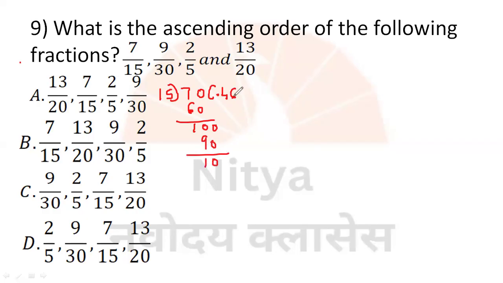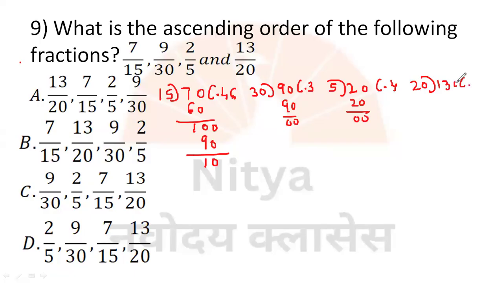Okay, leave this and then 9 by 30 and point and 0, and 30 3s are 90. And divide 2 by 5 and point and 0, 2 5s are... 5 4s are 20. Okay, divide 13 by 20.